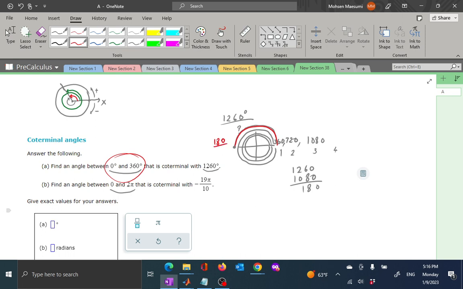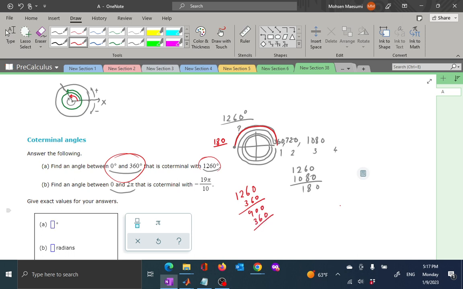So a simple way of finding the answer in these cases, if the angle that you have is a positive angle, typically large positive angle, what do you do? You keep subtracting 360 from it. So 1260 degrees. If you wish, subtract 360, so you have like 900 left. That's still more than 360.